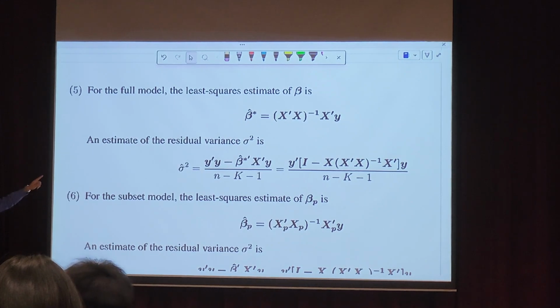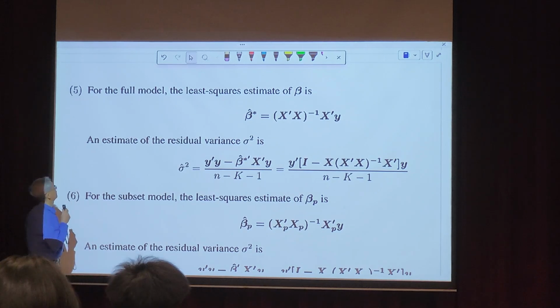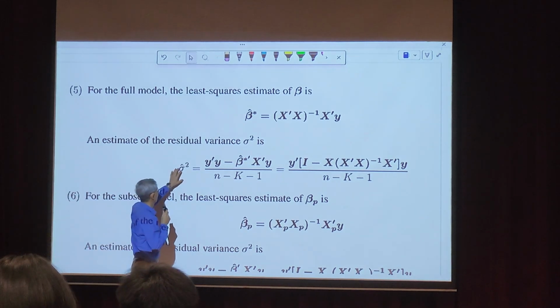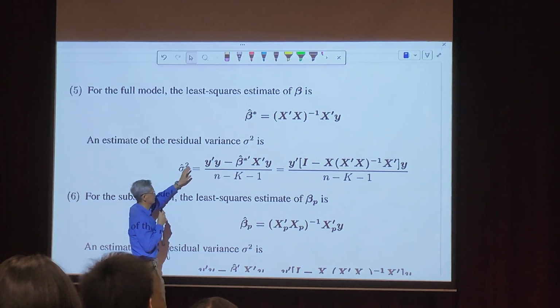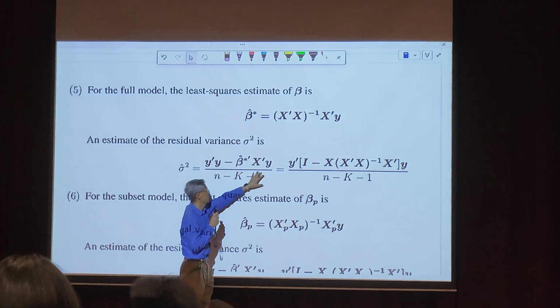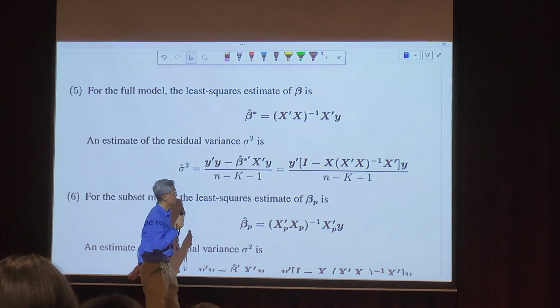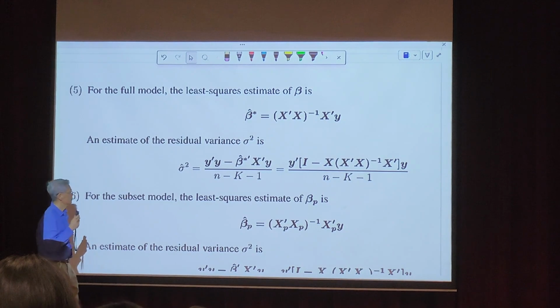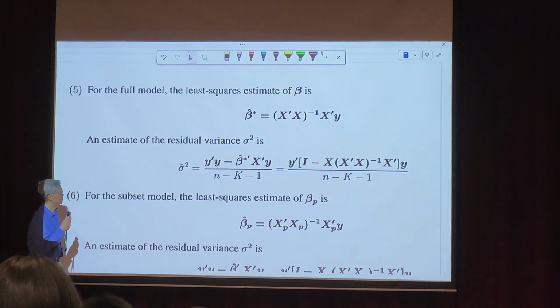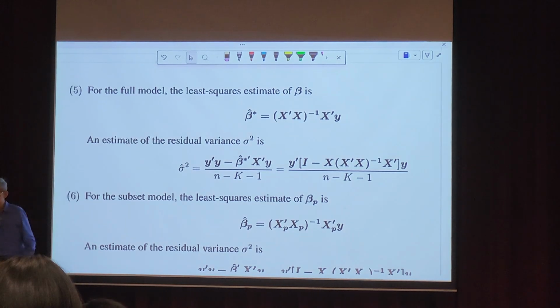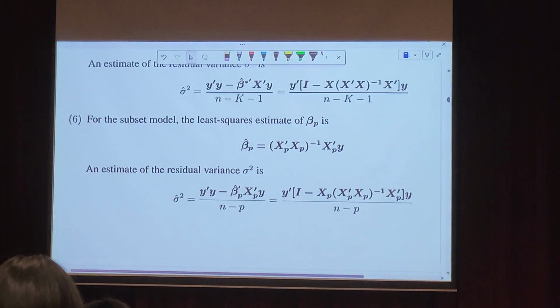I use beta star for the full model. Sigma square hat is the same, with n minus k minus 1, so this is the estimate of the residual variance. For the subset model, it's only based on Xp, so you can have a similar expression. Nothing interesting here.